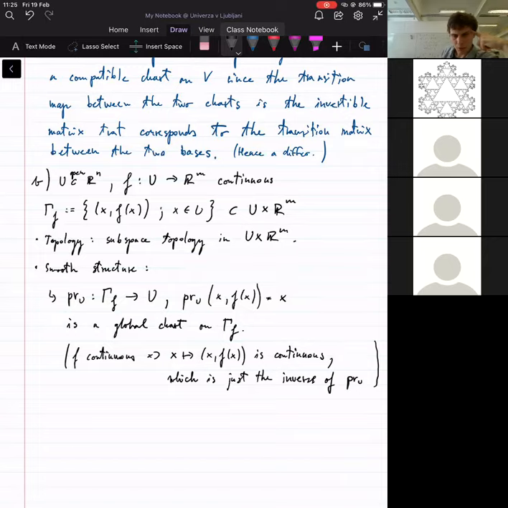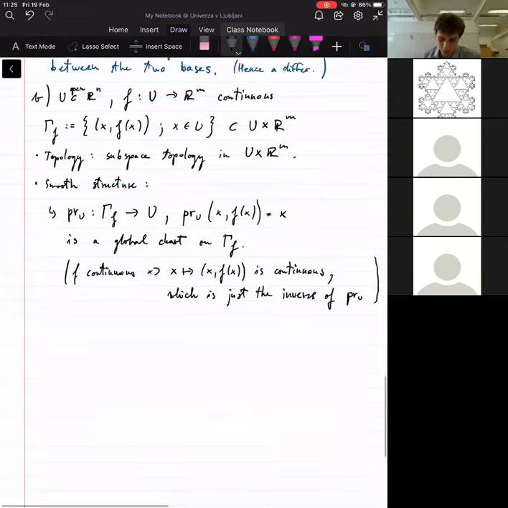So here we only have one chart, right? And the transition map of a chart to itself is just the identity map. So this is actually a smooth manifold in the abstract sense, right? Even if f is not a smooth function.